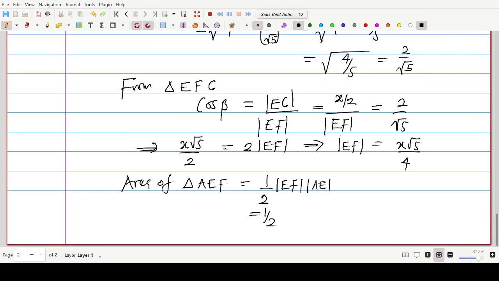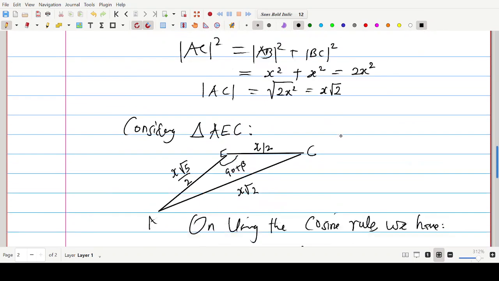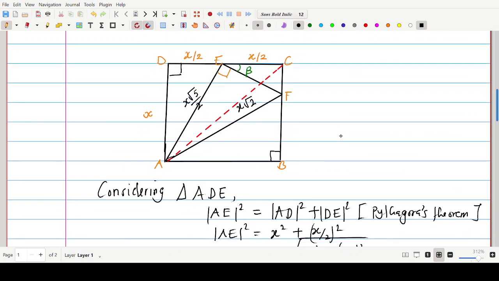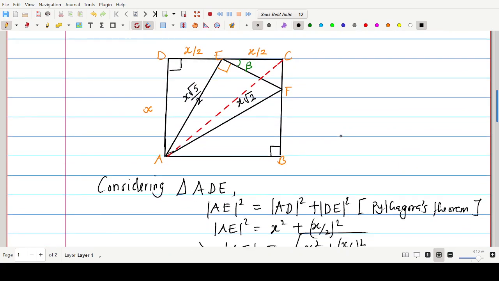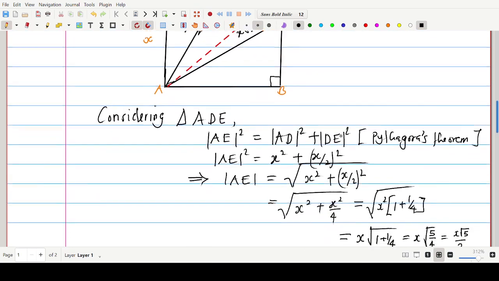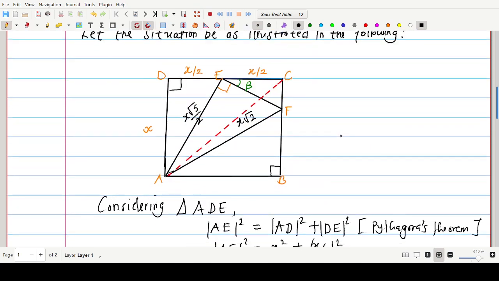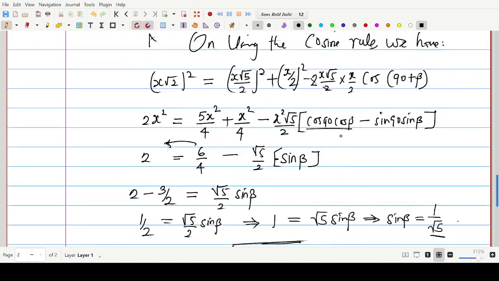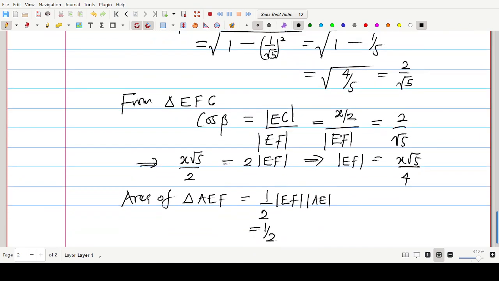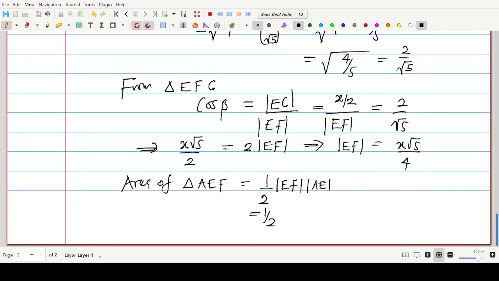So which is equal to half. Now AE is already given to us. What is AE? Let's look at AE. Sorry, it's EF. What is EF we wrote? Yes, our EF is already x root 5 over 4.